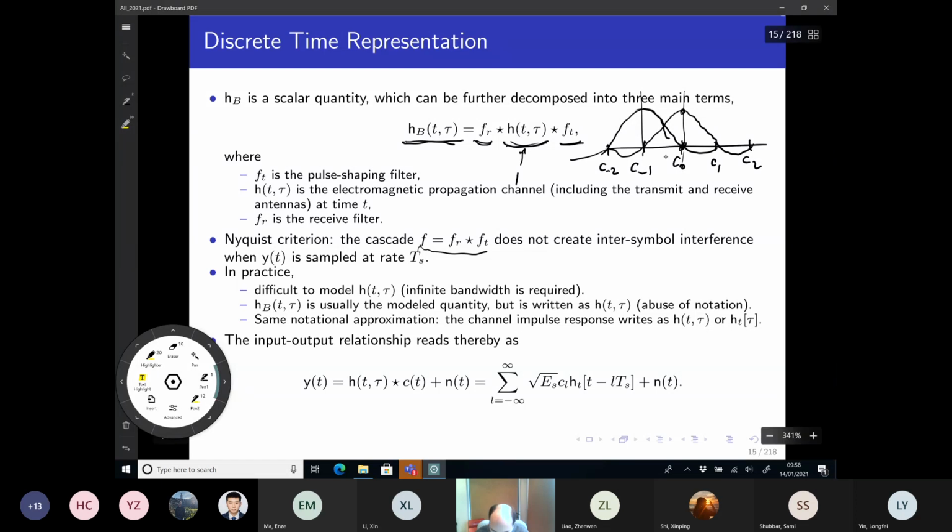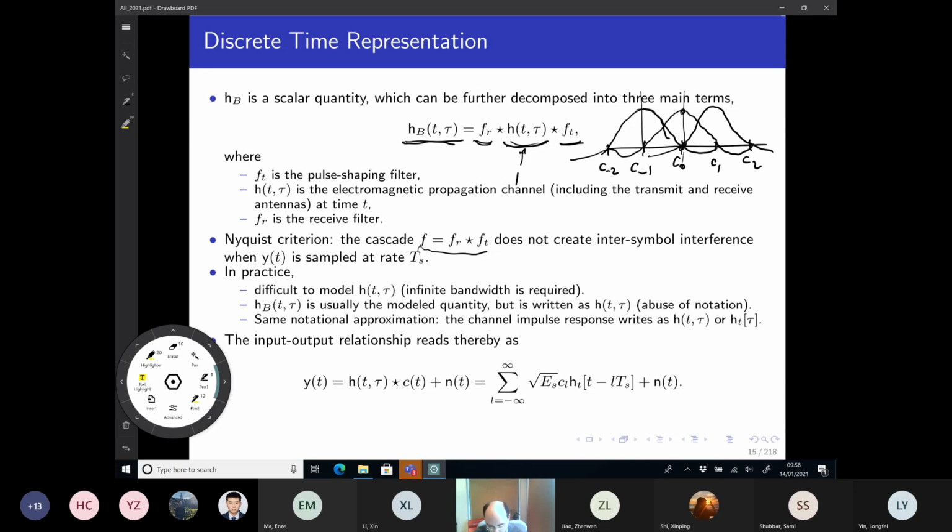Similarly for C1 here, you're going to have something that looks like this. So you don't see any interference from C minus 1 and C1 because this waveform goes to 0 at this sample time. So this is what the raised cosine filter and this Nyquist criteria do.